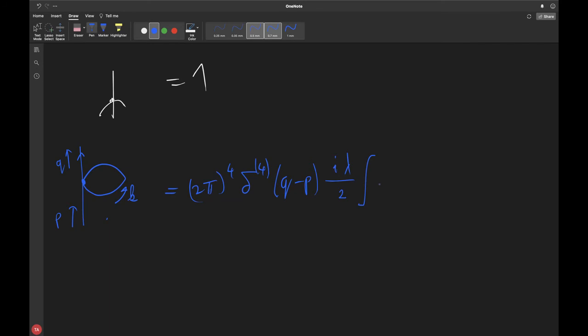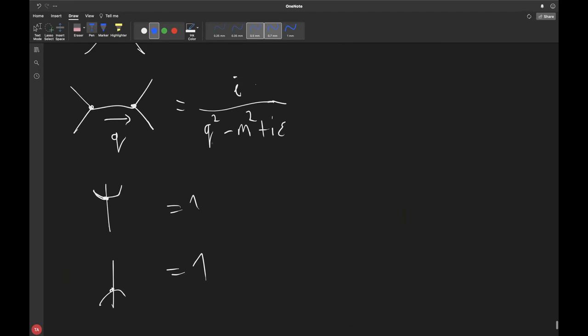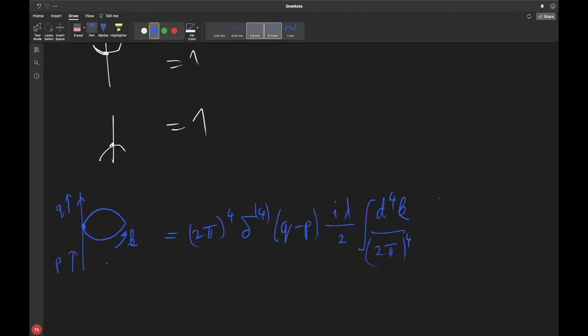We also have to integrate out the unconstrained momentum, so d^4k over 2 pi to the fourth power, and now we have what we had earlier: the propagator for the k, so that's i over k squared minus m squared plus i epsilon.